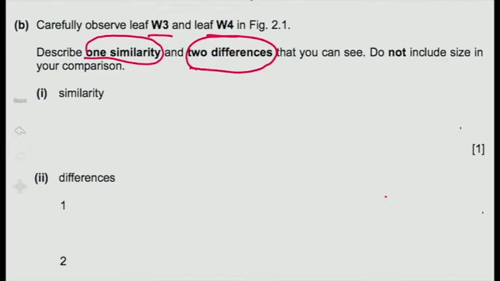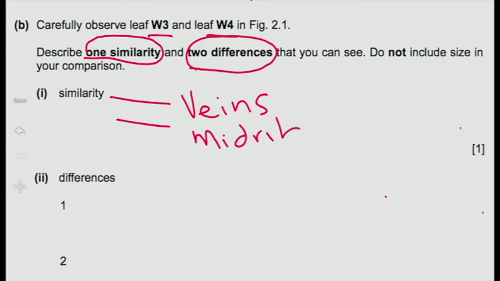A similarity: both leaves have veins. We saw the veins in both leaves. And both leaves have the midrib. They said one similarity, but the veins are there. The midrib was there. We saw it.